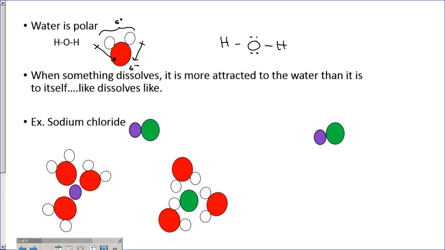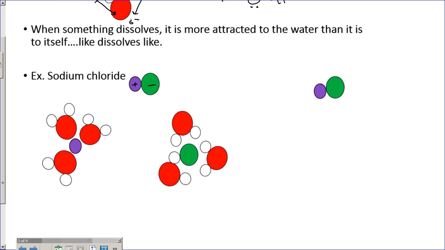So on this diagram, I'm representing chloride with a green circle and sodium with a purple one. And you can see that when sodium chloride enters water, the water basically rushes in and surrounds each ion.